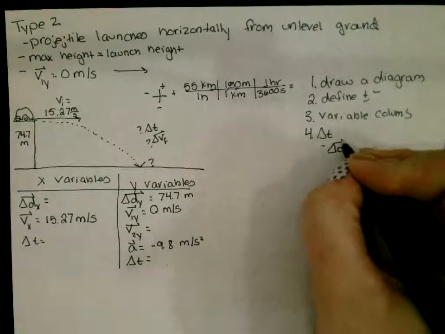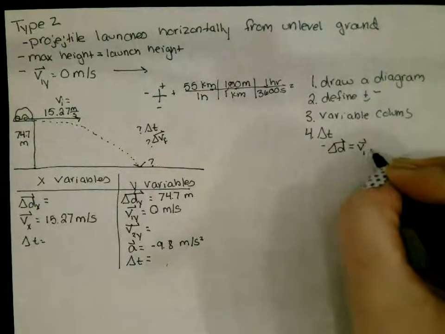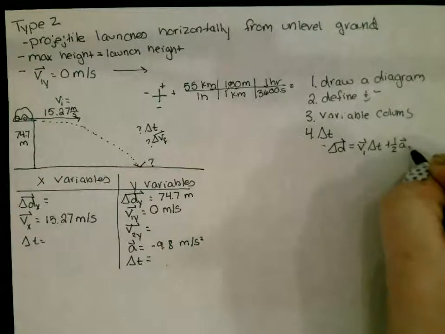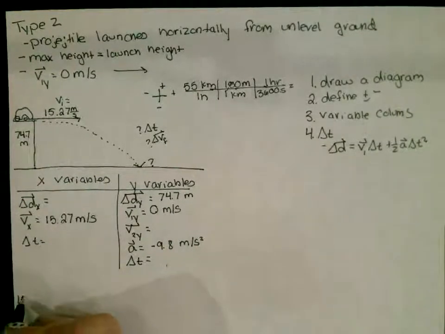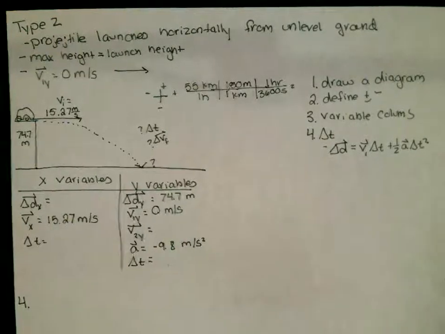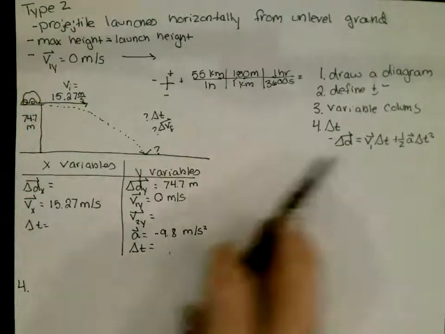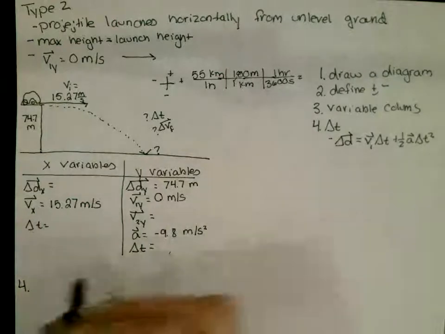My displacement is equal to my initial velocity times change in time, plus 1/2 acceleration times change in time squared. I don't have initial and final components on the x-axis, so this is always going to go with my y variables here.